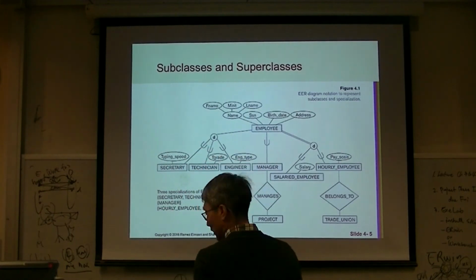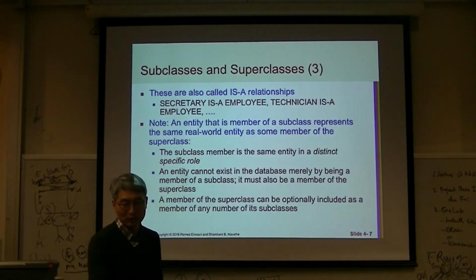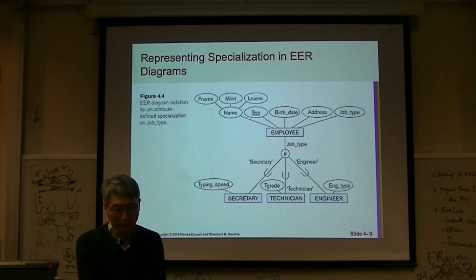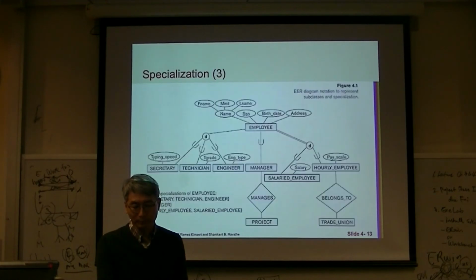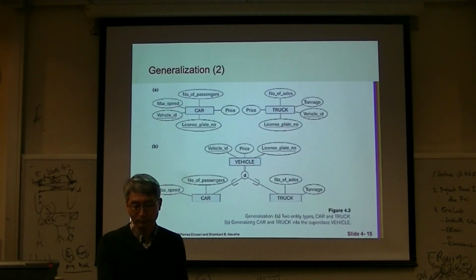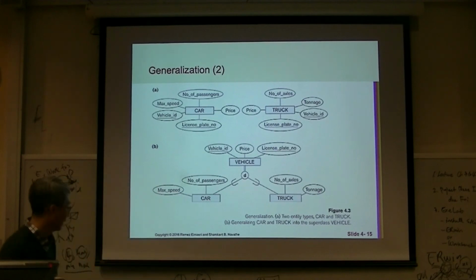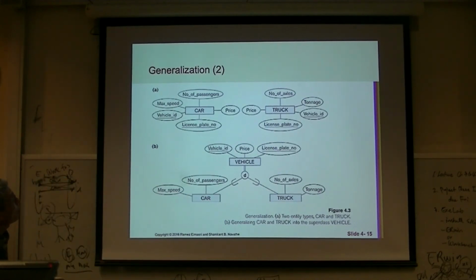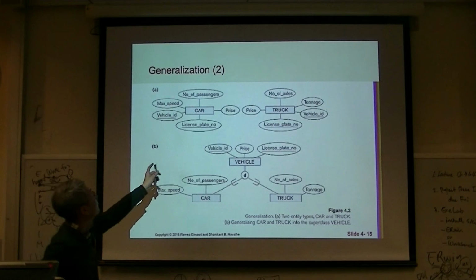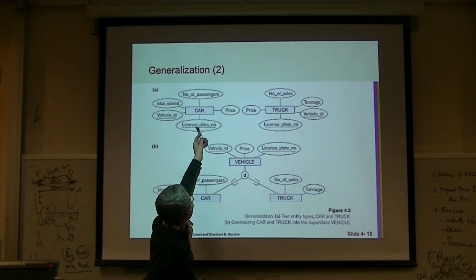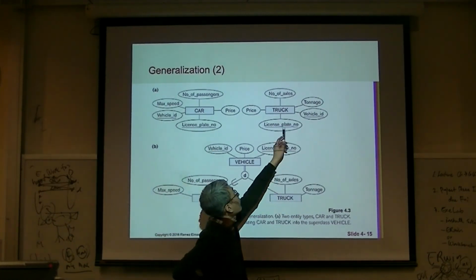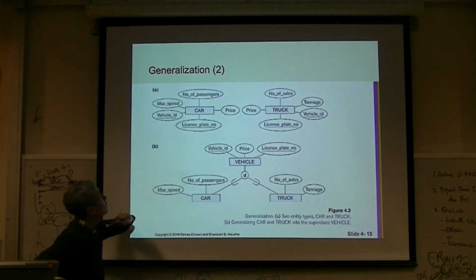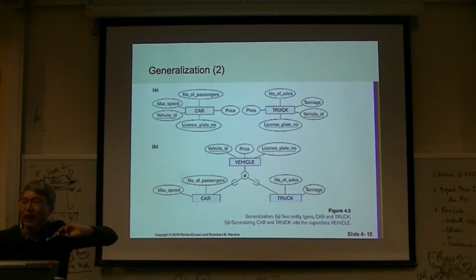So, a little bit more about the super and subclasses. This is the example of the car and truck. First, you identify the car and the truck entity types, then you realize that they are anyway vehicles.